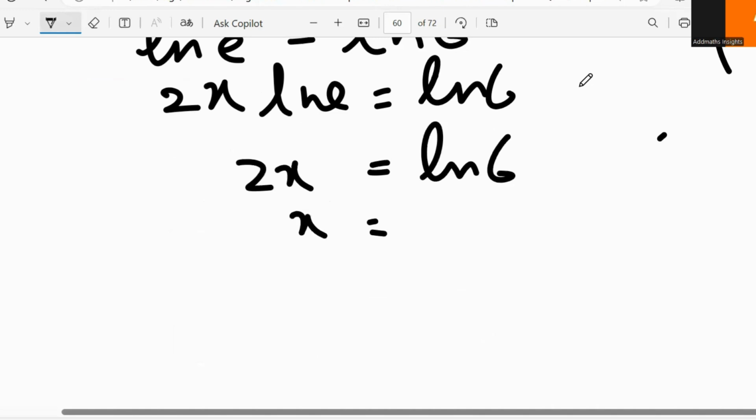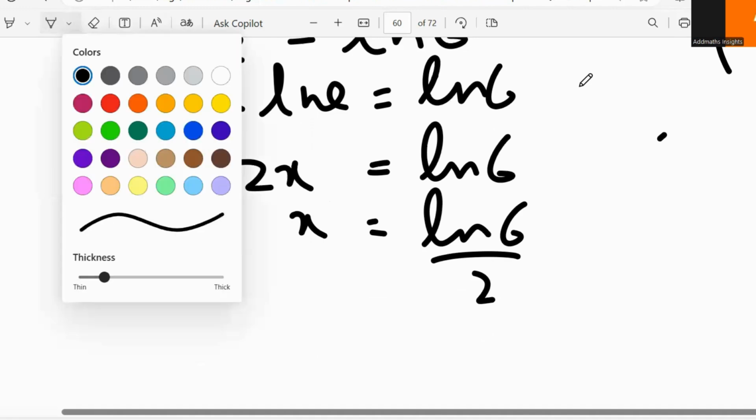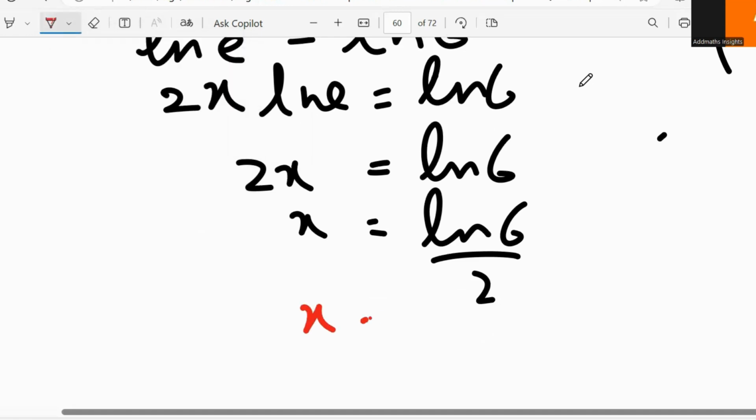So x is equal to ln 6 over 2. When you divide ln 6 by 2, your answer is 0.896. So x is equal to 0.896. So this is how you can solve this question.